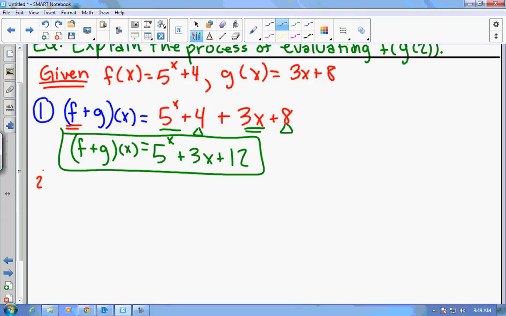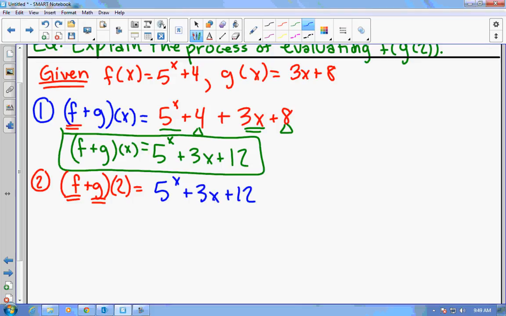Now, if I asked for f plus g of 2, this one has an extra part. We're still going to add f and g, which we just did on the last part, so I can just skip that step and go straight to this. Because I've already added f and g, but what does this 2 mean?